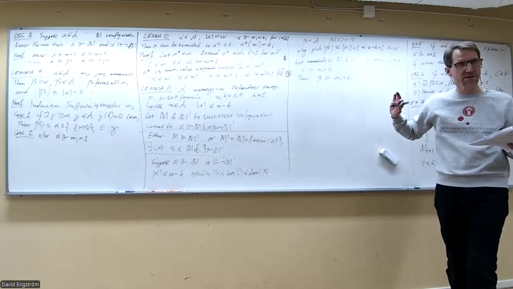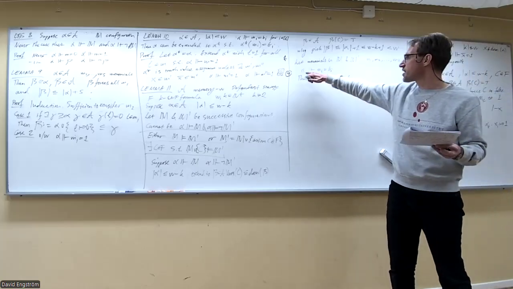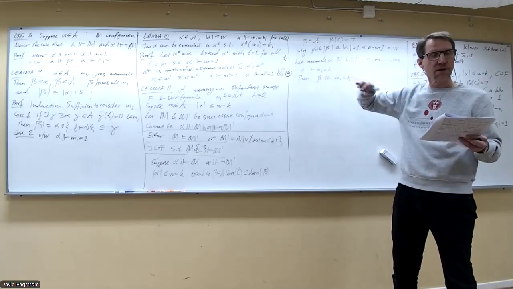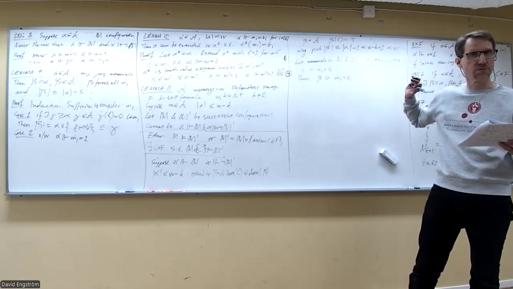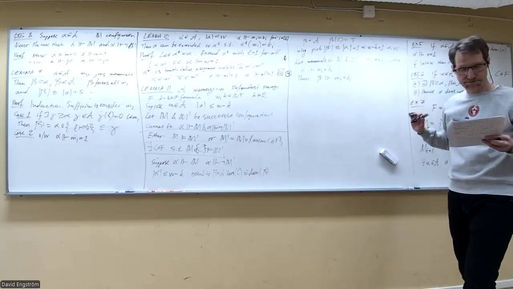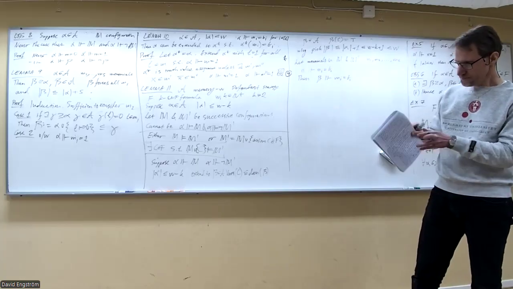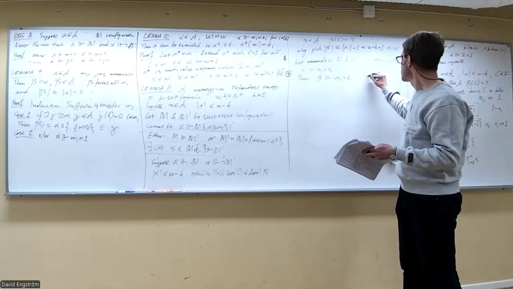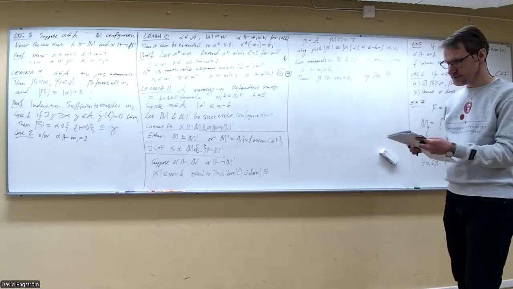I warned you I would erase it. Observation 4 said that if alpha forces something, then all supersets beta inside the strategy force to the same value. Okay? We're still in agreement about this? Okay, good. This is by the observation 4 that we erased.